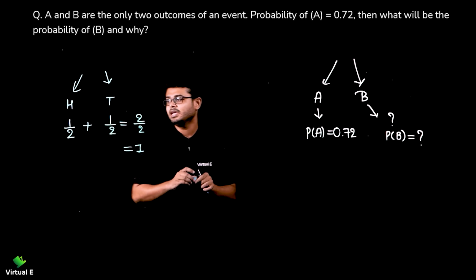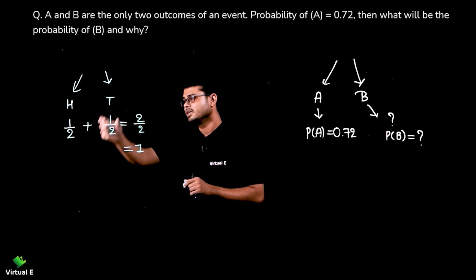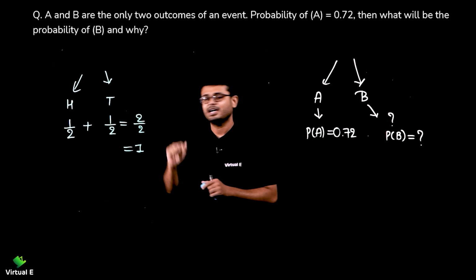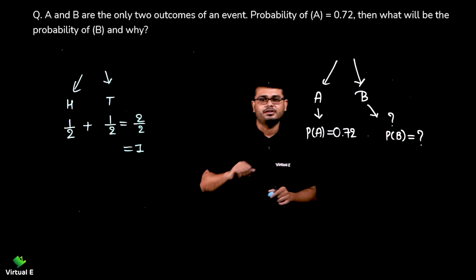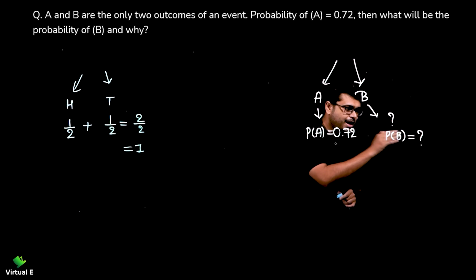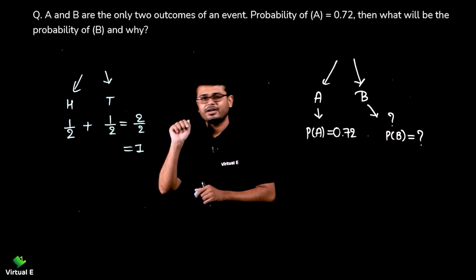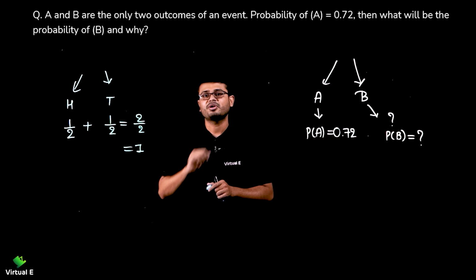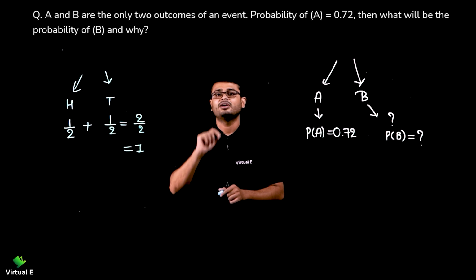So if we do the sum of the individual probabilities of outcomes, we will always get 1. The same concept we will apply over here: 0.72 plus the probability of B will always give you 1, right? This property we are going to use in this sum to get the probability of B.